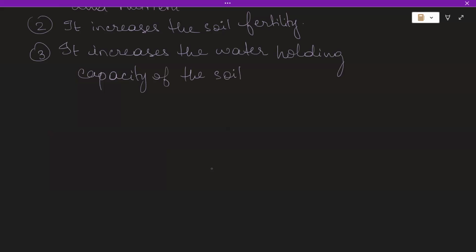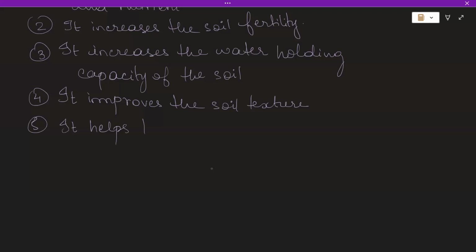Then after that, it improves the soil texture. That's what is done by the manure. And apart from that, it helps us to reduce our reliance on fertilizers, so it helps us to avoid the use of fertilizers.